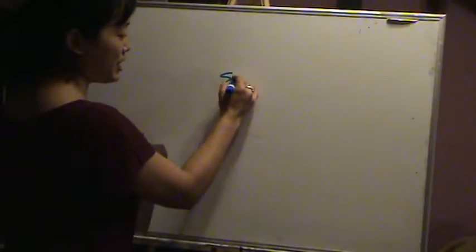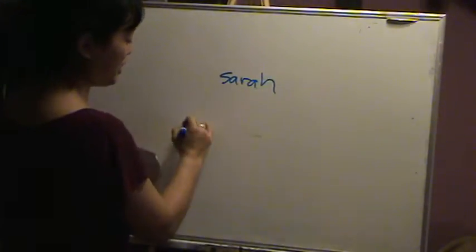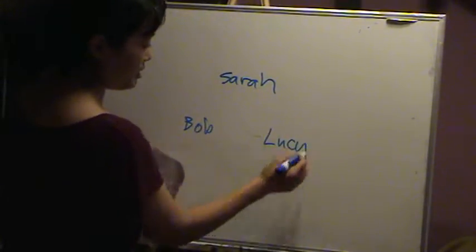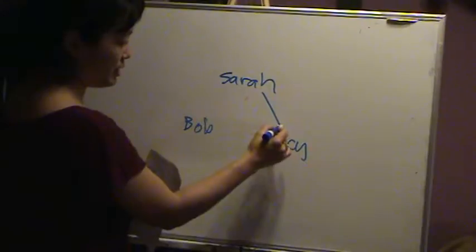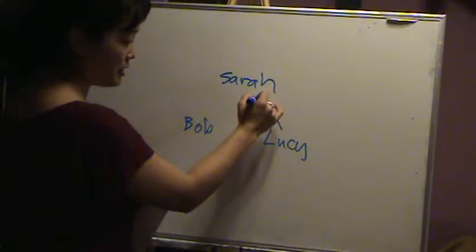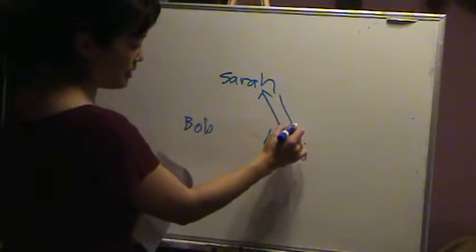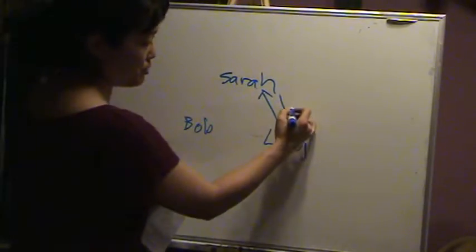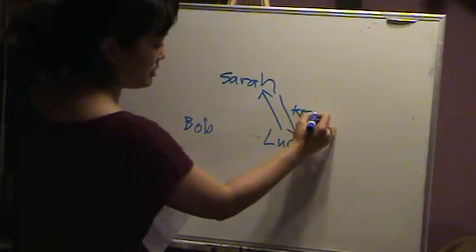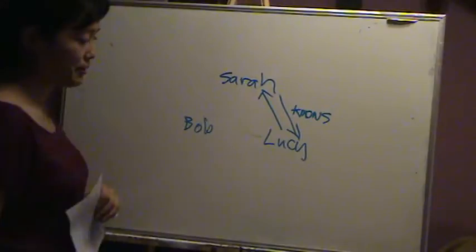So let's say we've got a social media graph, and we've got Sarah, Bob, Lucy. Now we might have an edge here where these edges represent knows. So that's saying Sarah knows Lucy, Lucy knows Sarah.